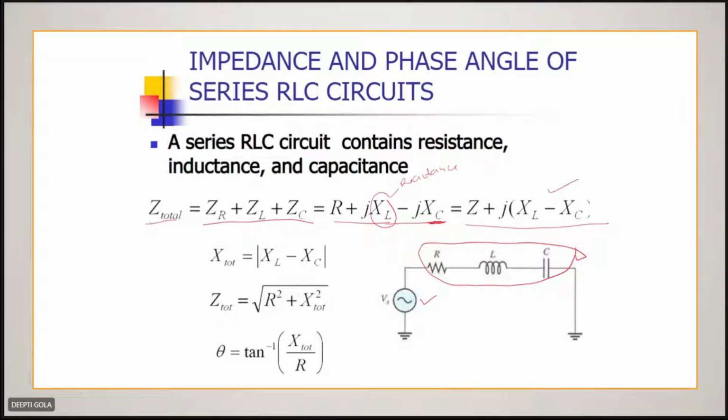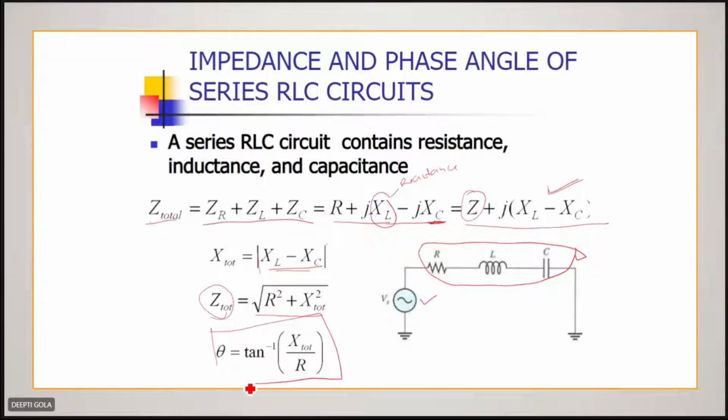This is the imaginary portion and this is the real part of this impedance. So if we take the mod of this impedance, the total reactance will be XL minus XC, okay, and the total impedance will be given by under root R square plus X total whole square, and the phase angle will be calculated as given here.